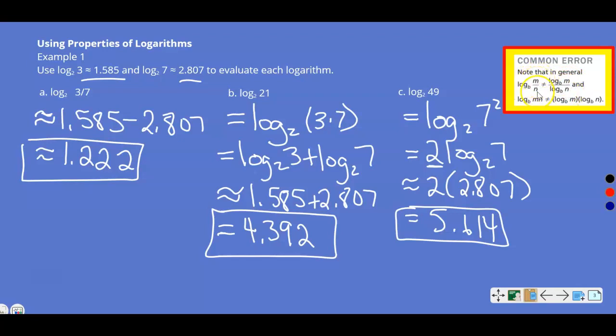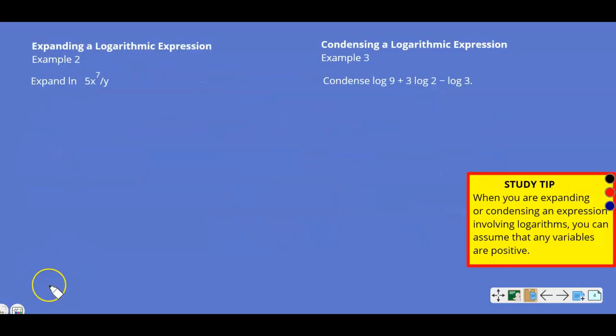Remember, the quotient property changes this to subtraction. Multiplication changed this to addition. And the power property brings the power down front as a coefficient. So you have to know those properties or you will not get correct answers.